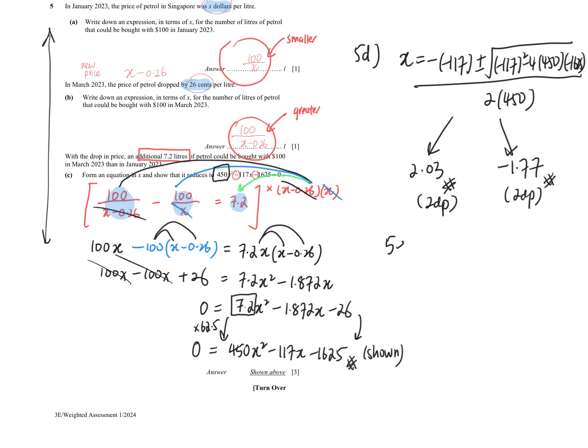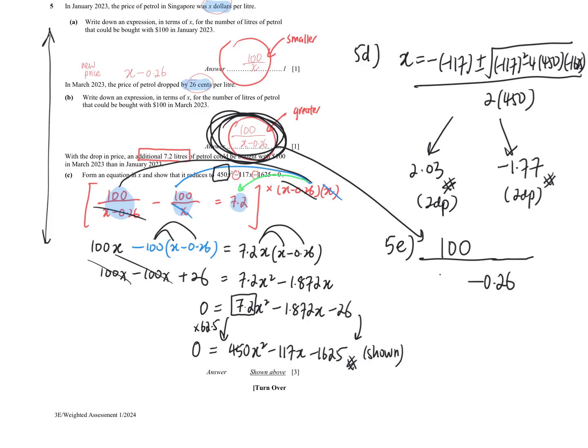Then 5E, they ask, can you find the number of liters of petrol that you can get with the reduced pricing? So use this one: 100 over x minus 0.26. This one be careful. The x you put in cannot be the rounded off figure. It must be the one with at least 5 significant figures, otherwise your final answer will be different.